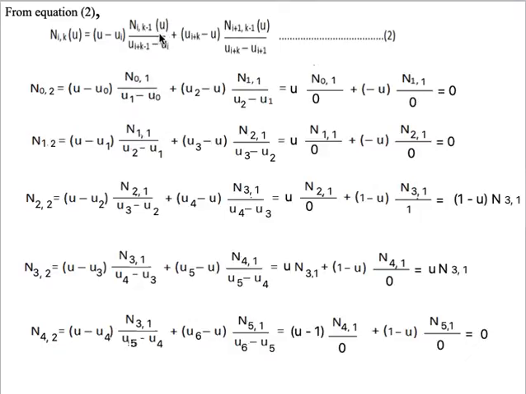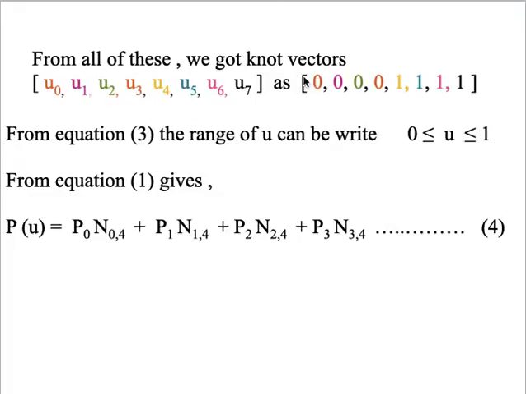So u is multiplied with this value, and again N of I plus 1 is 0 plus 1 is 1, k minus 1 is 2 minus 1 is 1, ui plus k is I plus 2 is 0 plus 2 is 2, here I plus 1 is 0 plus 1 is 1. So here we can say that u0 is how much? The value is 0, u0 is 0.